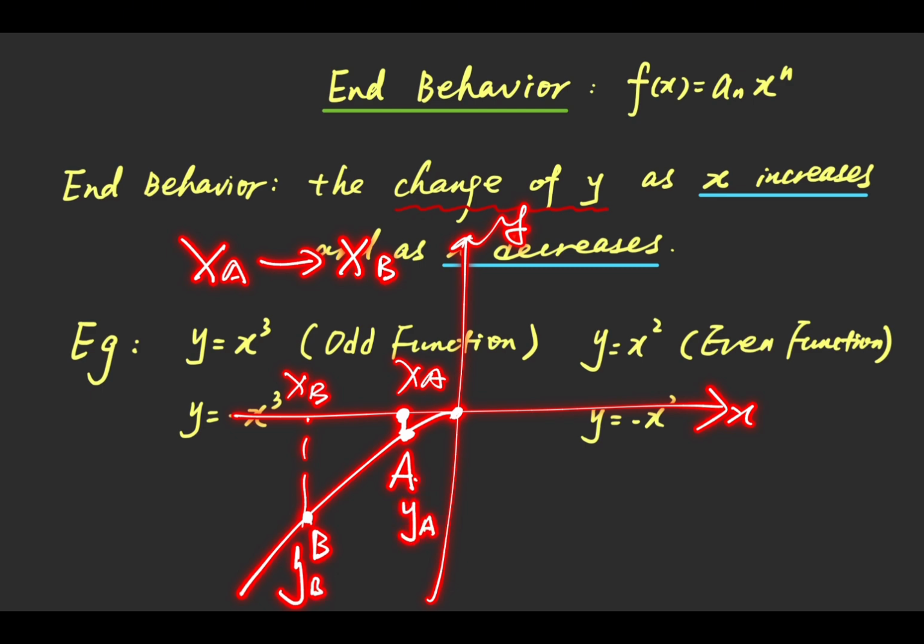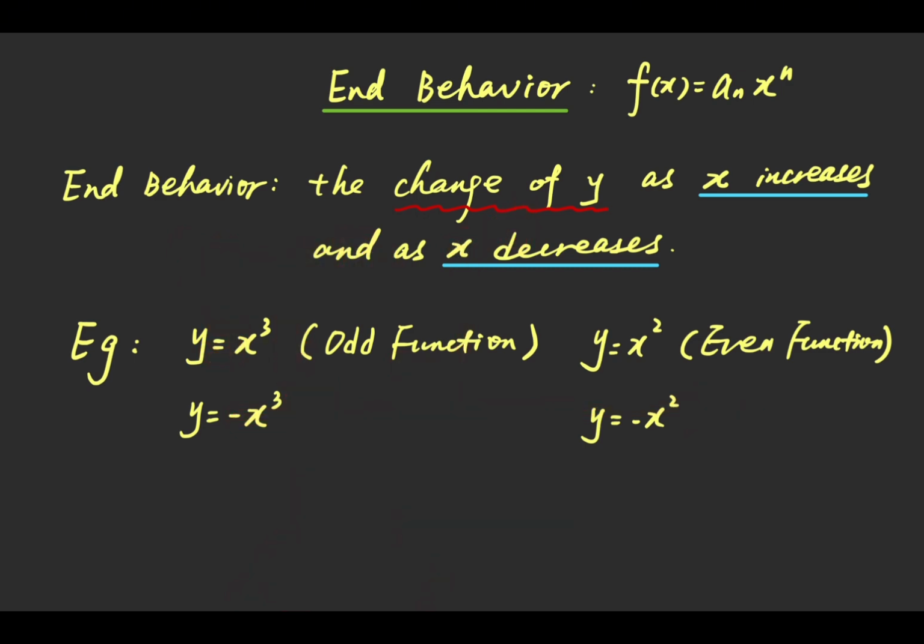You know, yb is less than ya, so we say x decreases, y also decreases. So you need to know, we discuss end behavior with the prerequisite that x increases or x decreases. We want to know with these prerequisites, what about the change of y?